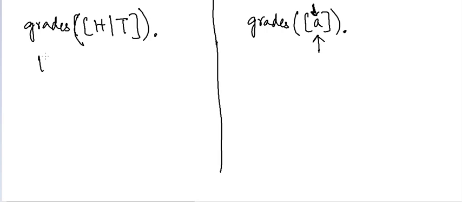So h will be equal to a in this case, and there's nothing left, right? But I told you that the tail is always an array, so t will be assigned the value. T will basically be equal to an empty array, okay, because there was no other element. So a was the head of the array, and this empty array or empty list is basically what t is equal to.